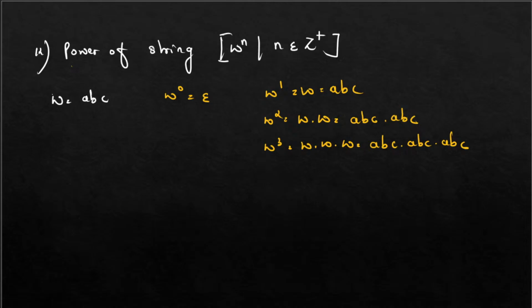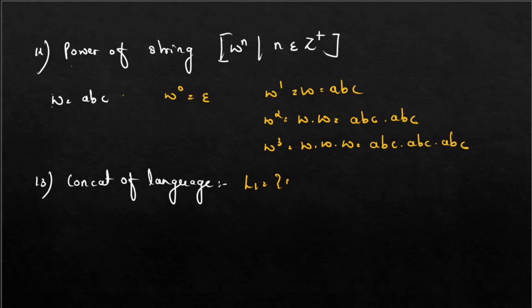Okay. Now let's see concatenation of a language. So the 13th is concat of language. It's just like Cartesian product of two sets. Let's say if L1 is equal to {a, b} and L2 is equal to {1, 2}, then concatenation of language is finite only if both of them are finite.